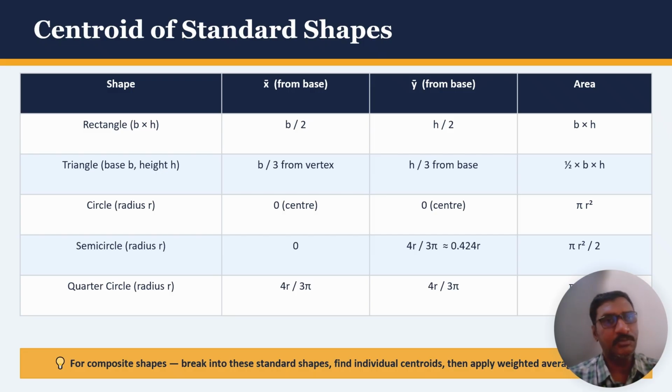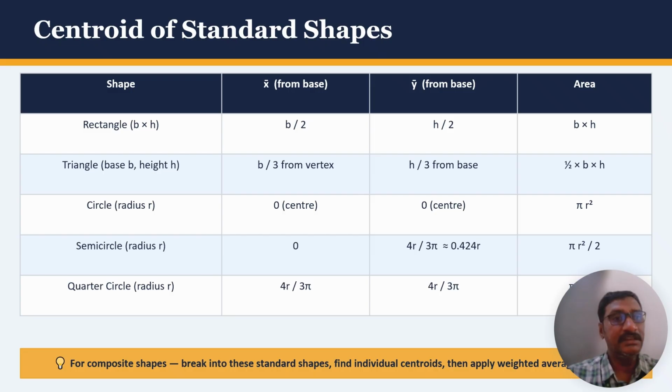Let us consider shape 2, a triangle. It has a base b and height h. The centroid of the triangle is not at the midpoint of the height. That is the common mistake most students make. The centroid of a triangle lies at 1/3 of the height from the base, or equivalently 2/3 from the apex. So y bar equals h by 3 from the base. If the base is horizontal, x bar depends upon the shape of the triangle.